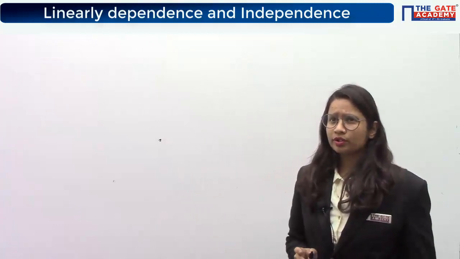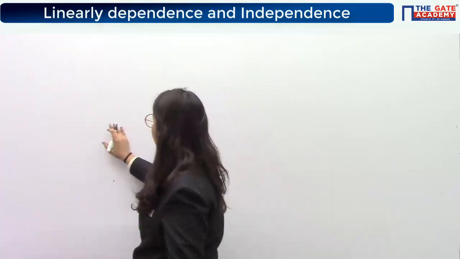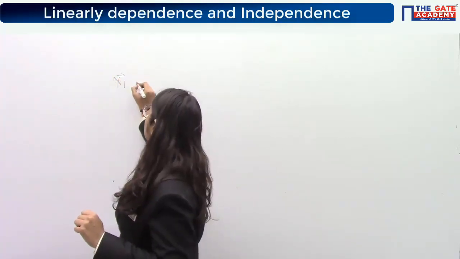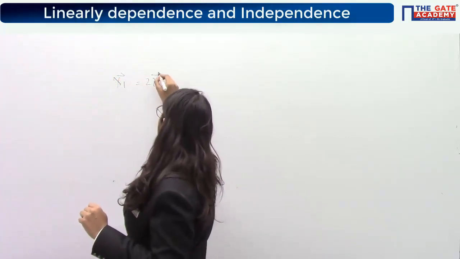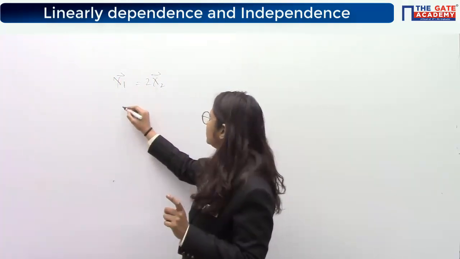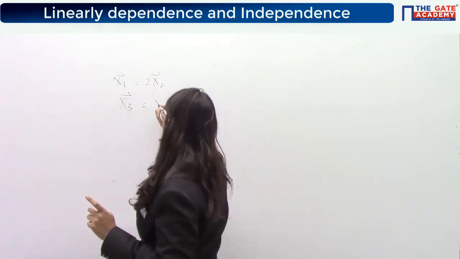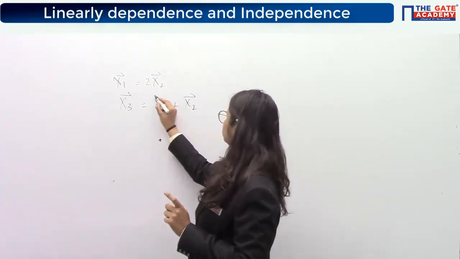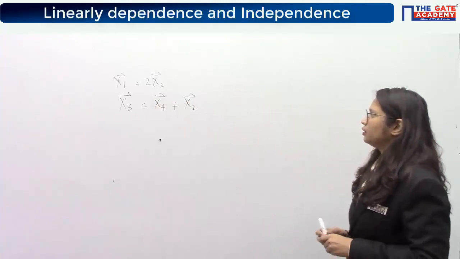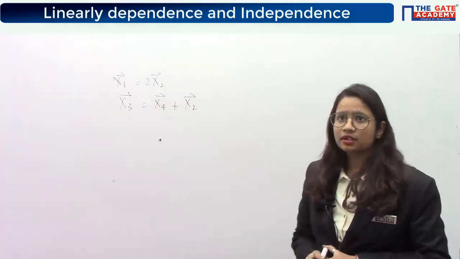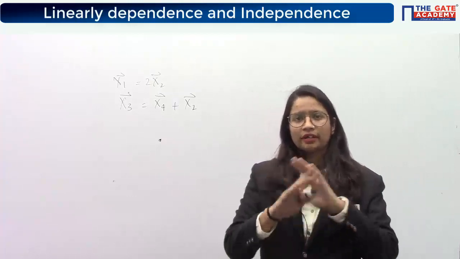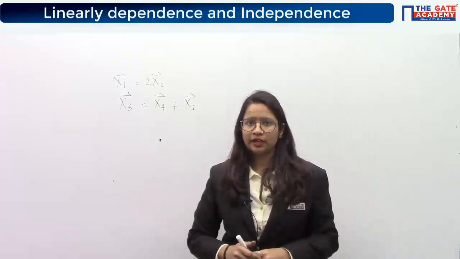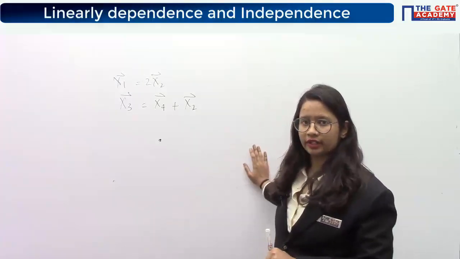Now an example where more than one relationship is possible. Suppose there are 4 vectors and they are related like this: 2 vectors are related like this, and the other vectors are related like this. There is a vector space again, with some n vectors in a particular space, let's say 4 vectors here.